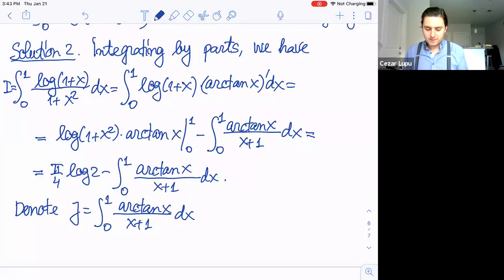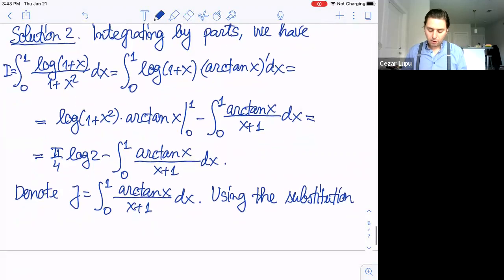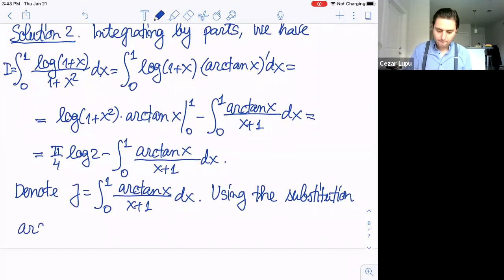And I'm going to do the same trick using the substitution arctan of x equals u.